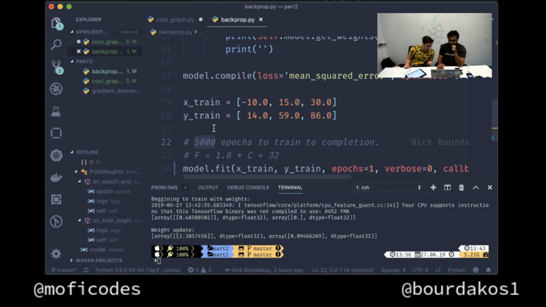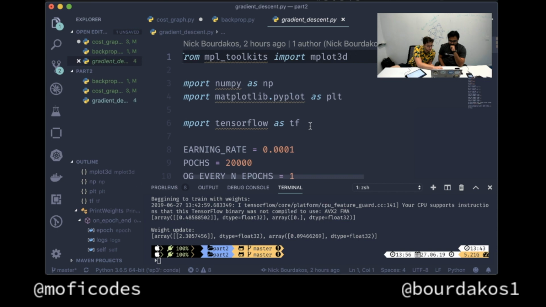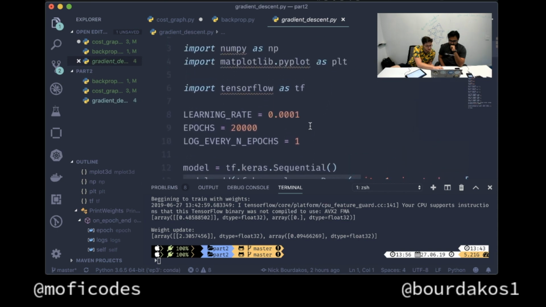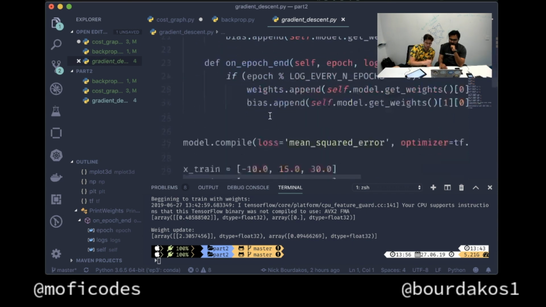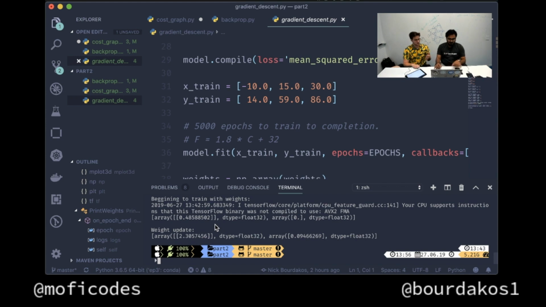So the last thing we want to look at is this gradient descent file. This is just a nice graph to show, when you're training, it prints out this loss function value, and that's our cost.